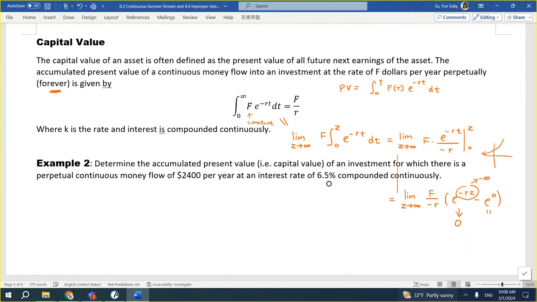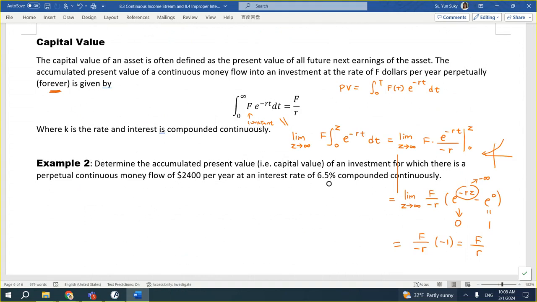And what is e to the 0? 1, exactly. Therefore, we get f over minus r times negative 1, which is f over r. That's why we get this number, f over r.